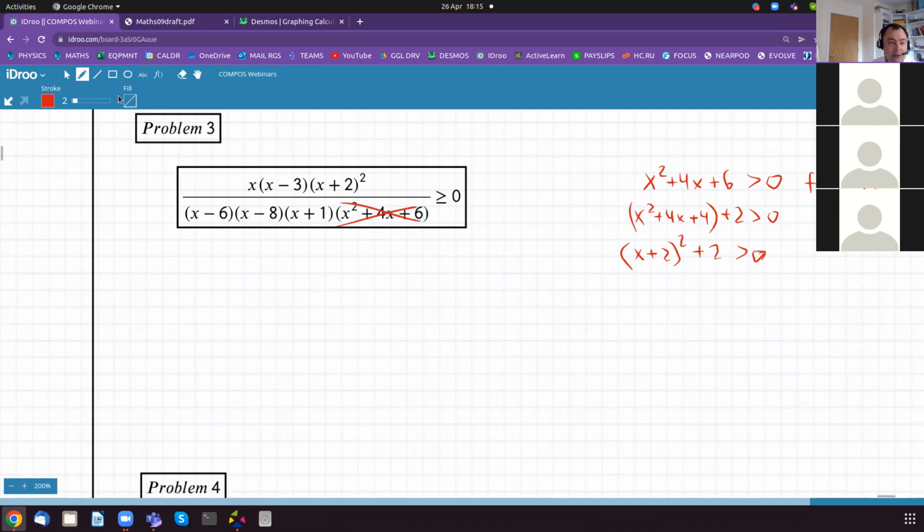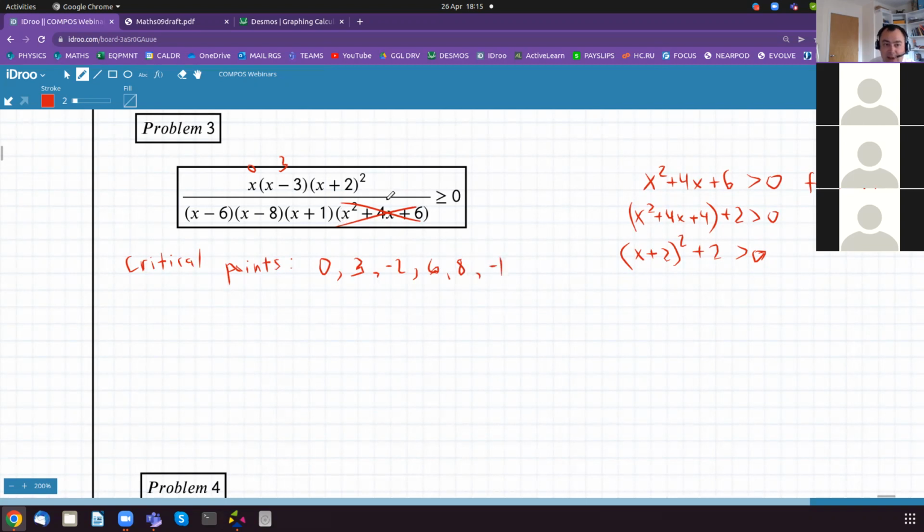And we write down the critical points. So critical points are 0, 3, so x equals 3, x equals -2. The x equals 6, x equals 8, x equals -1 are discontinuities.